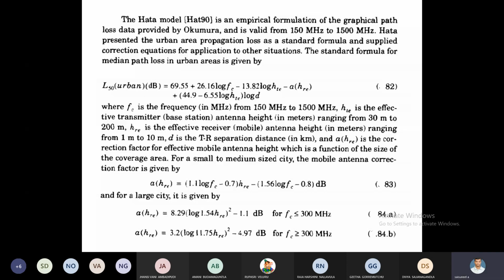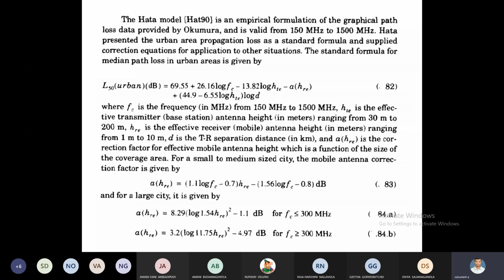Suppose FC is greater than 300 megahertz, AHRE is equal to 3.2 log of 11.75 HRE whole square minus 4.97 dB. Once we know whether it is a medium city or large city, we can calculate the path loss by the Hata model.